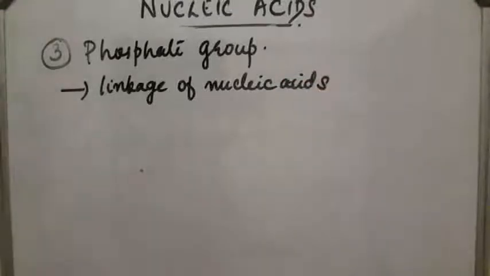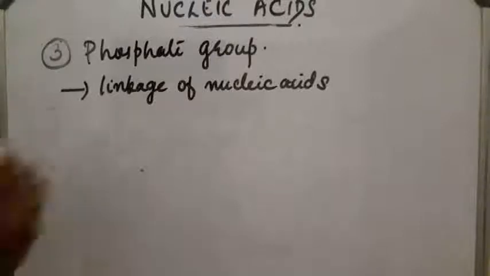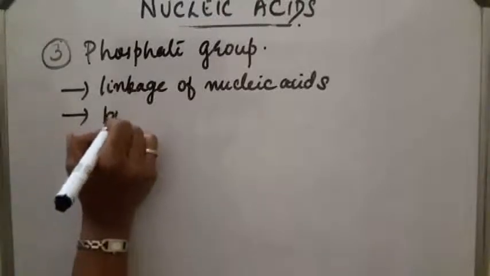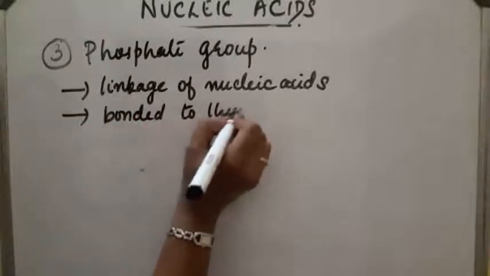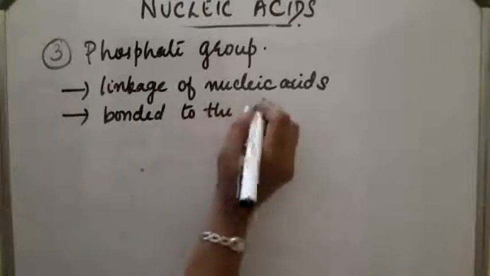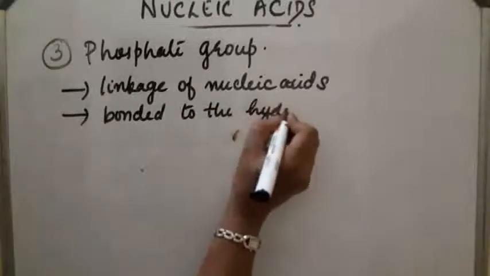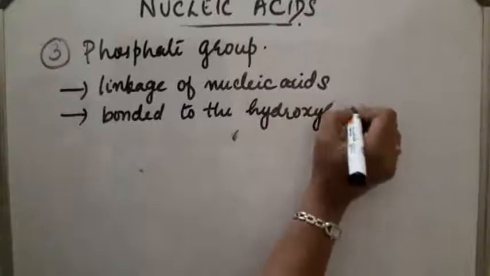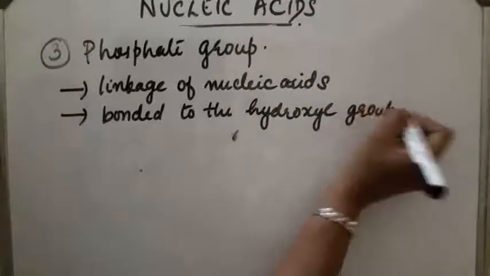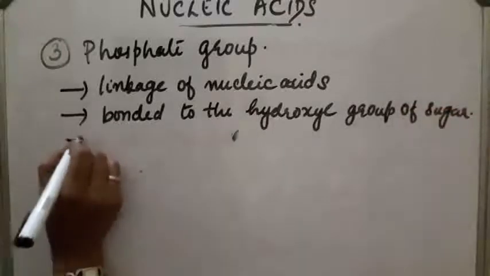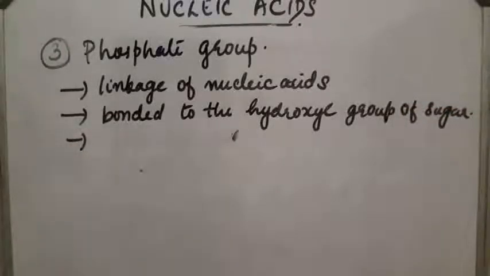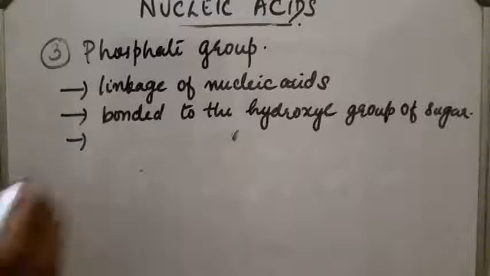The phosphate group is bonded to the hydroxyl group of sugar. Next point is the phosphodiester linkage.